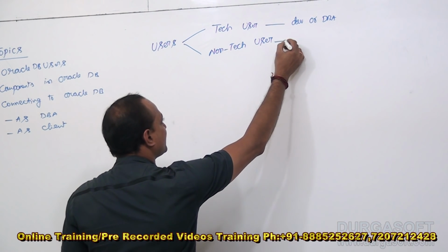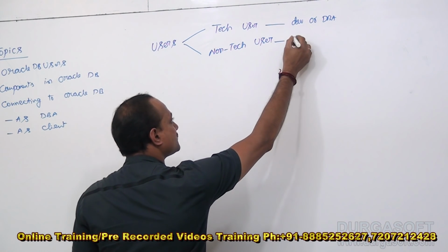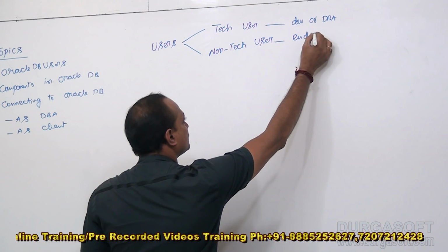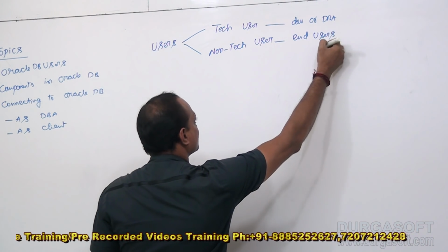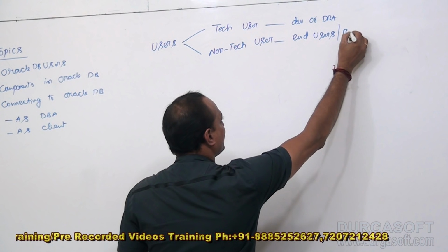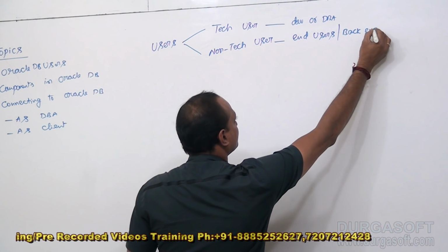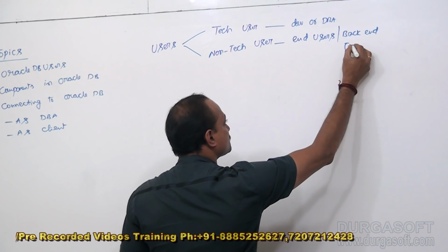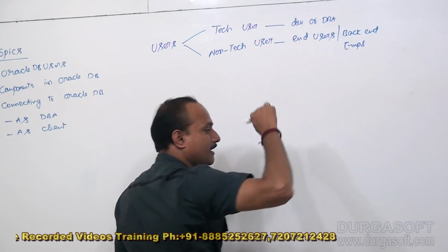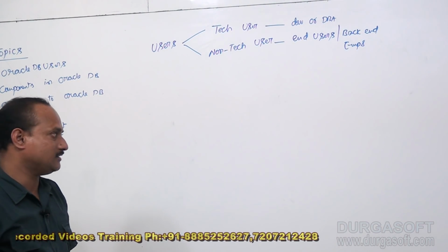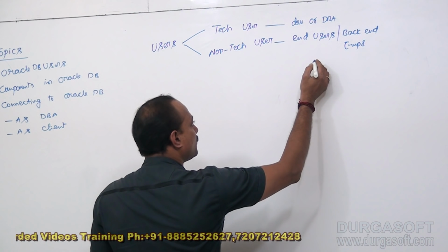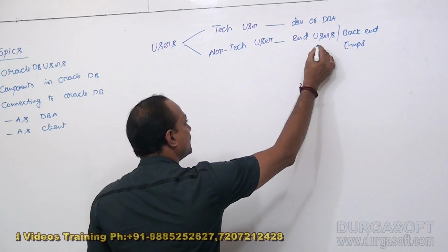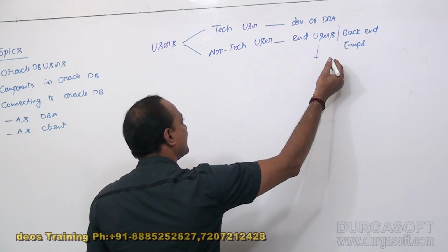What is a non-technical user? The persons called end users or back-end employees. These employees don't know what is happening beyond the UI. In which way are they interacting with the database?